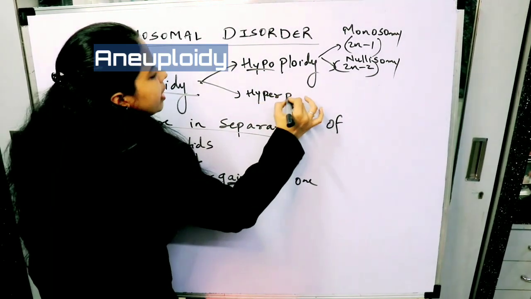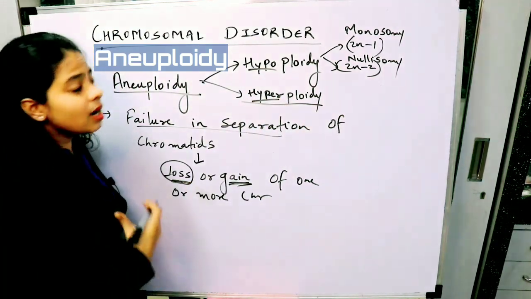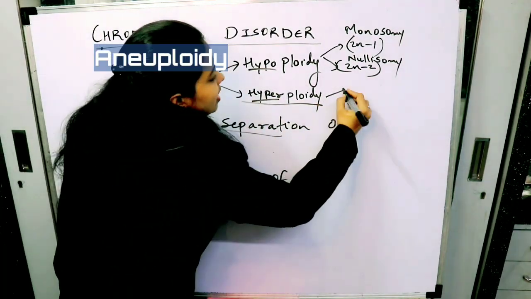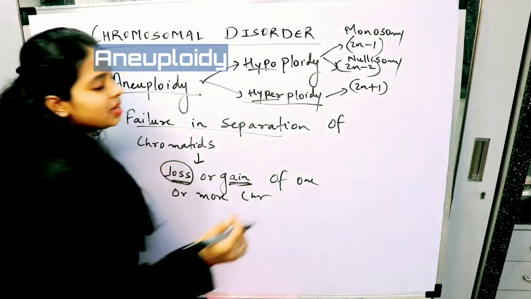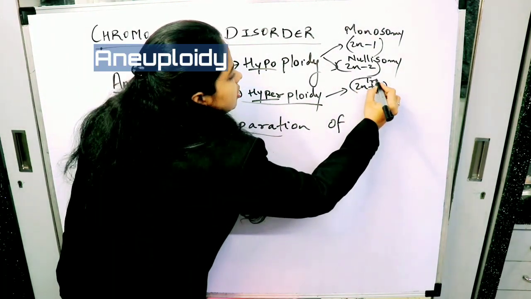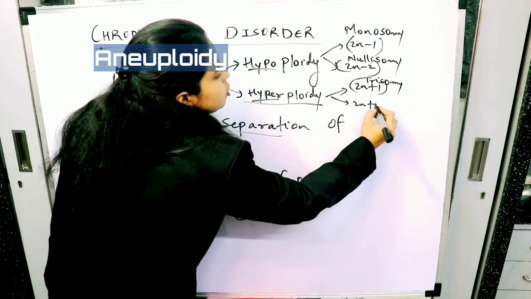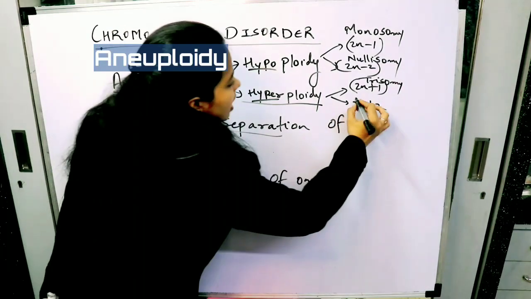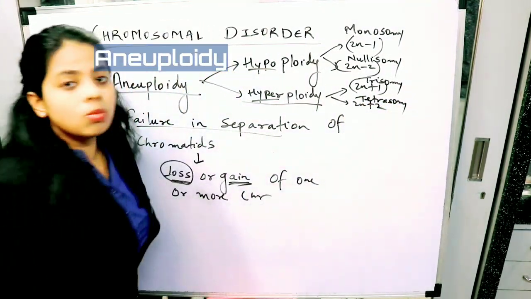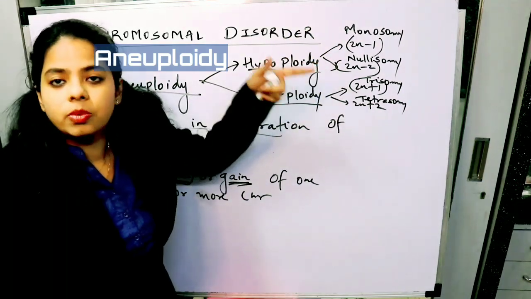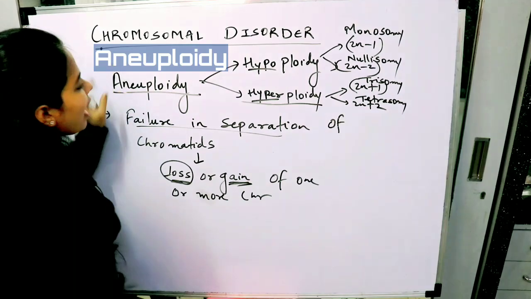Now hyperploidy means what? Hyper meaning more. When there are more chromosomes, for example 2n plus 1, that is trisomy. If there is 2n plus 2, this condition is known as tetrasomy. So monosomy, nullisomy, trisomy, tetrasomy are the different conditions included in aneuploidy.